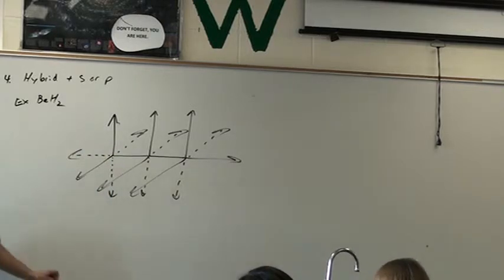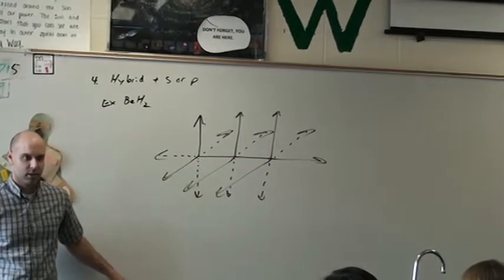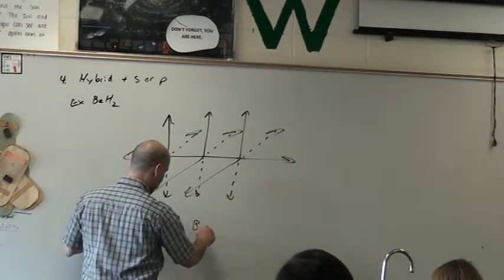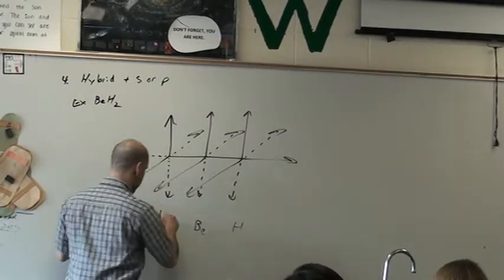When you copy that down, I'm going to submit attendance. It doesn't really matter. The beryllium is going to be the one in the middle, and then we have our 2 hydrogens on both sides.